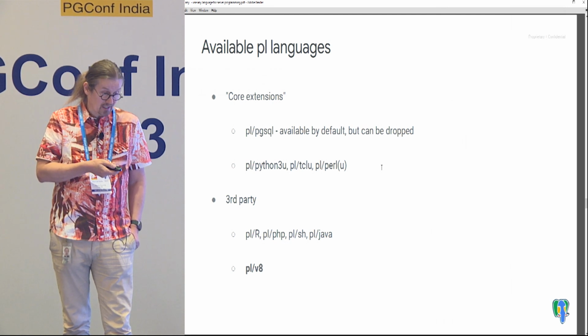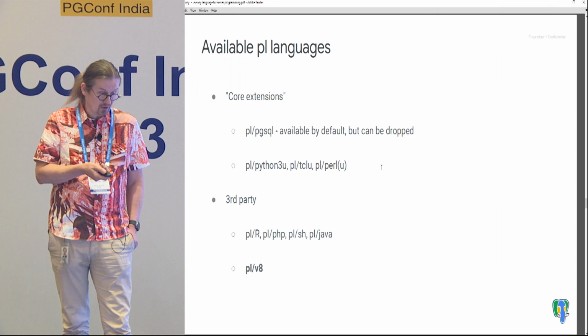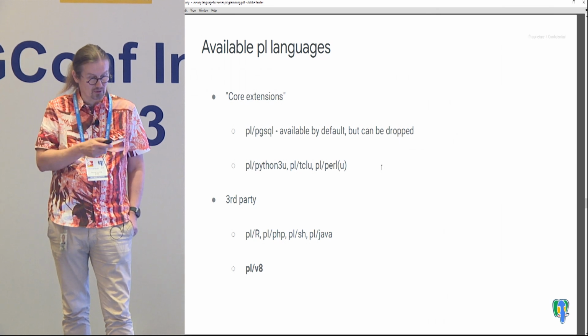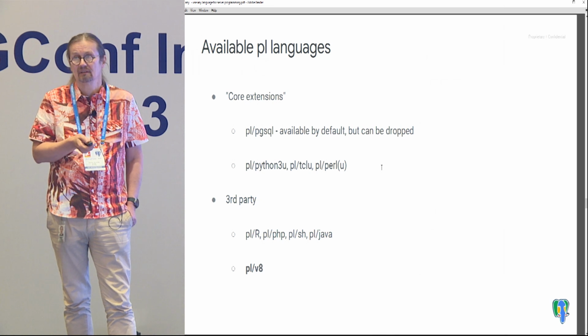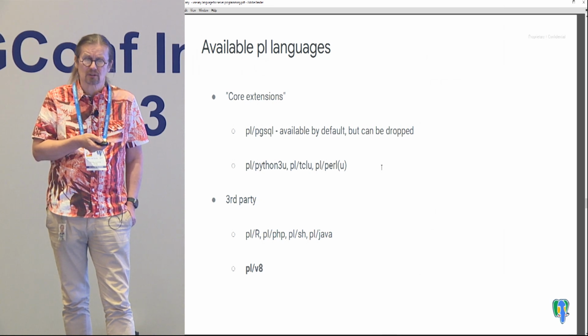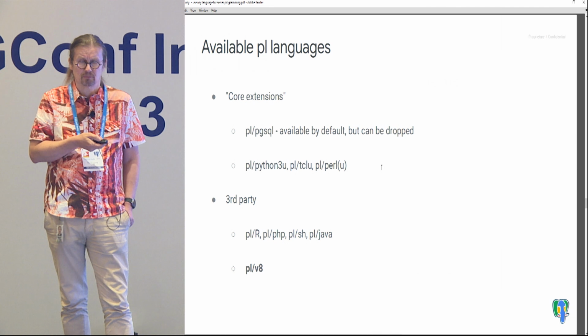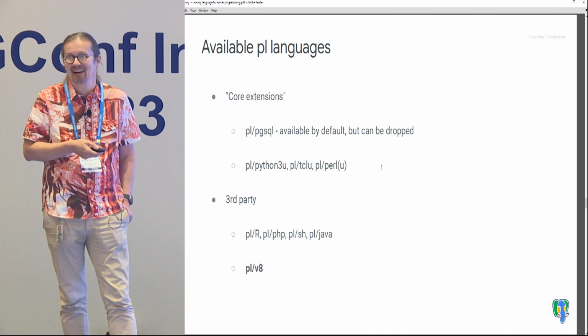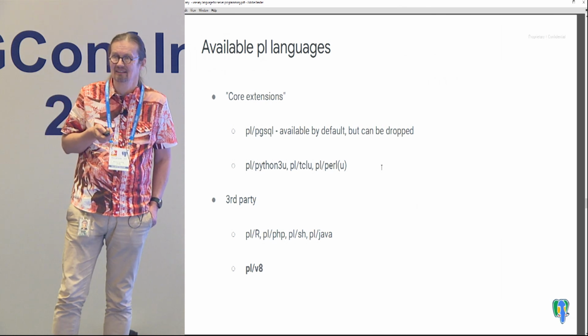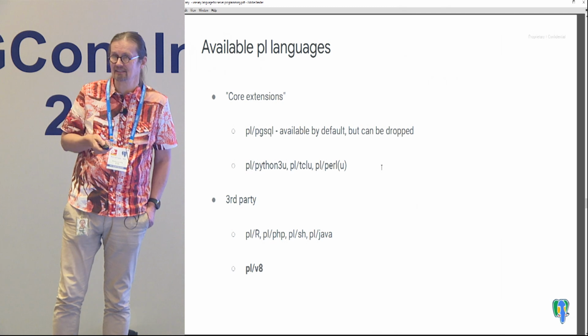And then PL/Python, PL/Tcl, PL/Perl, both U and non-U versions, are also part of the core. I think there was also a sample language, PL/LOLCODE, but I'm not sure if it was part of core or something that was just provided. It was an extension, I think. Yeah, it was an external extension.